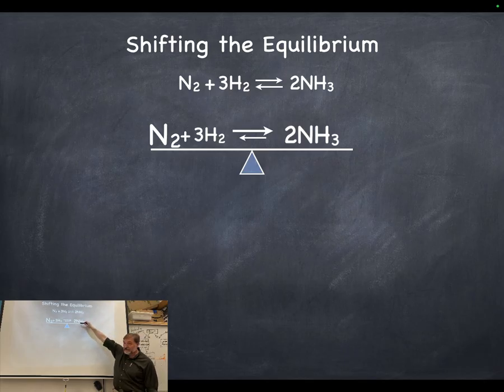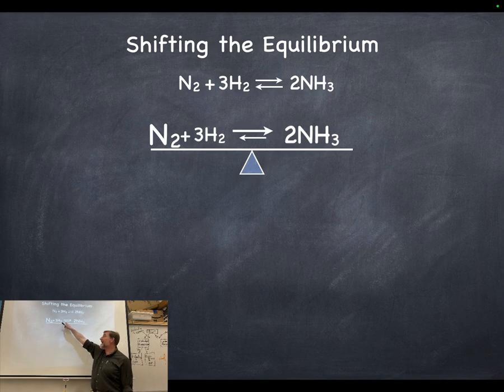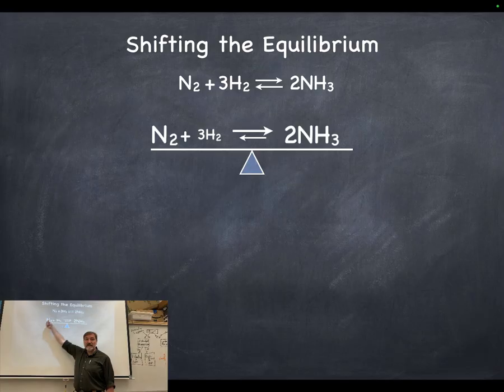If the concentration of ammonia is going up, what's happening to the reverse reaction rate? More ammonia means more collisions, means the reverse reaction rate is speeding up. So the higher the ammonia goes, the faster this one goes. And at the same time, the concentrations of nitrogen and hydrogen are going down, because to create the ammonia, we're using up nitrogen and hydrogen.